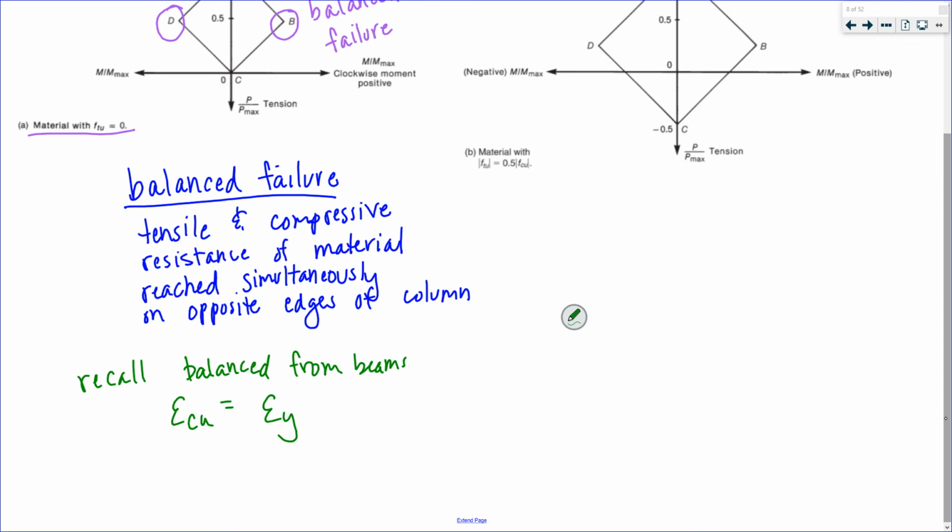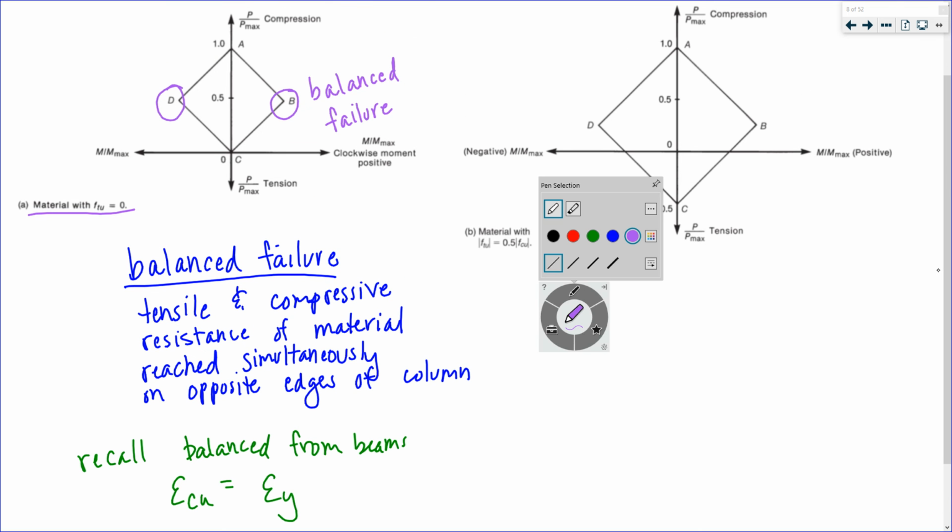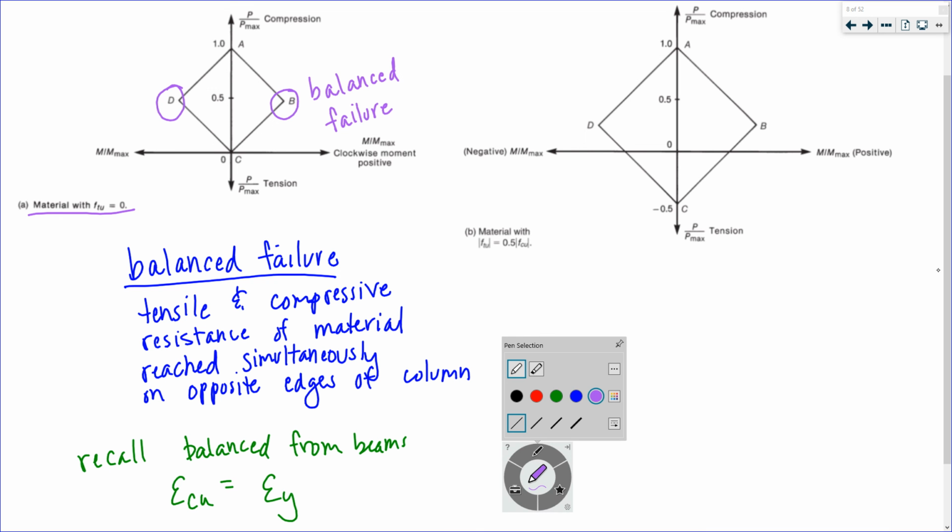If we look at the next interaction diagram, now instead of having the same compressive strength and tension, or none, we're going to have half.